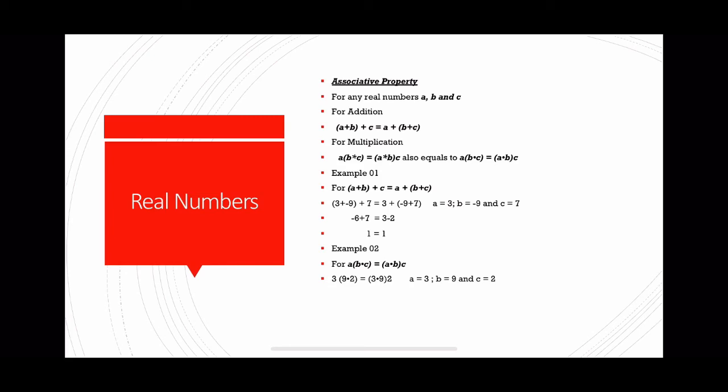So 9 dotted with 2 is equal to 9 multiplied by 2, which is equal to 18, and 3 dotted with 9 is equal to 3 multiplied by 9, which is equal to 27 multiplied by 2. So therefore 3 multiplied by 18 is 54, and 27 multiplied by 2 is the same, 54.